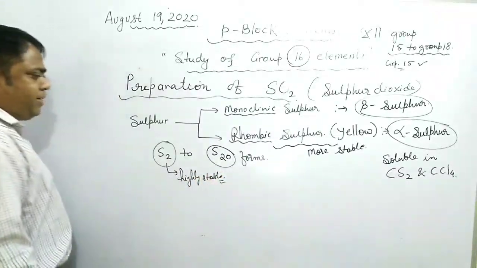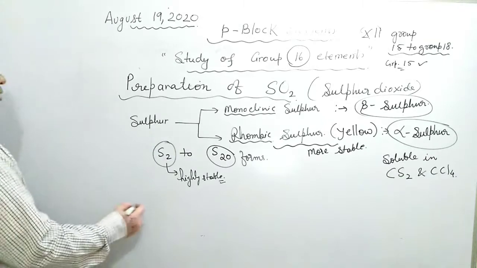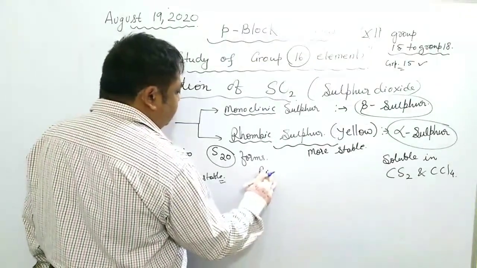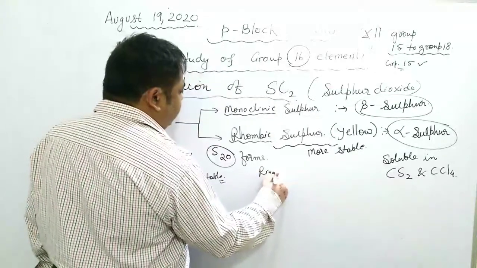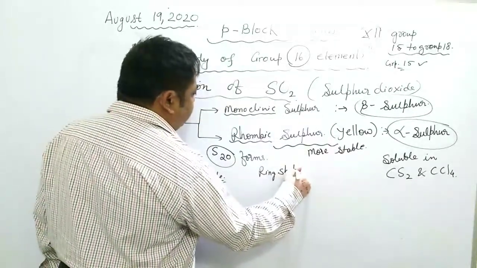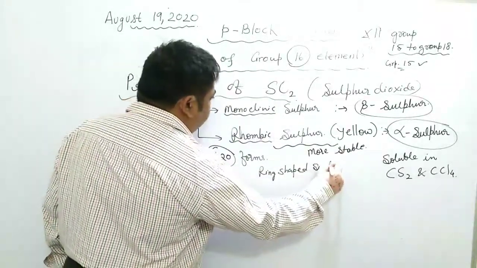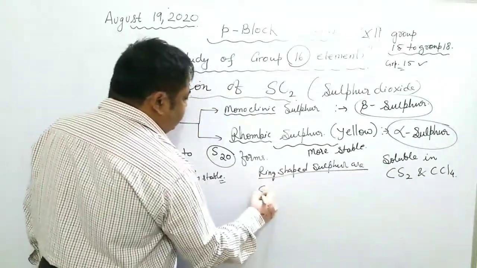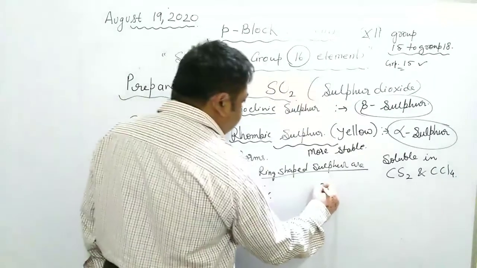The stable forms of catenated ring-shaped sulfur are S6 and S8.